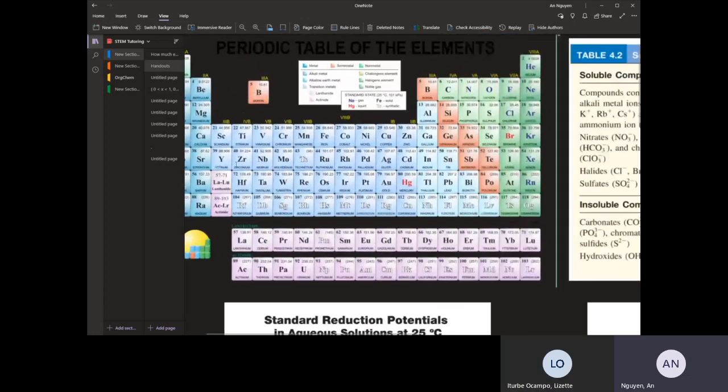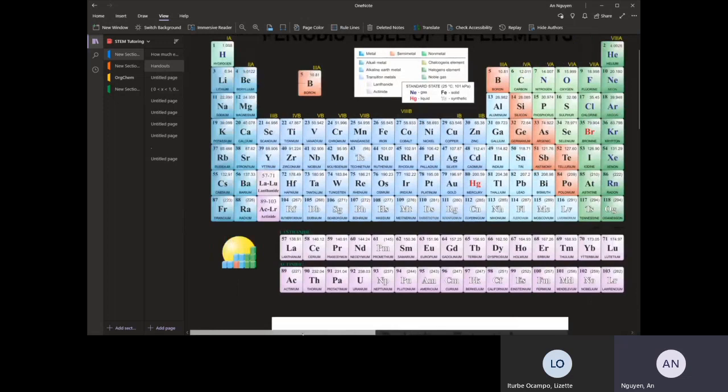So if you look at the periodic table, potassium here is 39.10 gram per mole. And then there's 2 of them, so I'm going to multiply by 2, plus oxygen. Oxygen is over here.